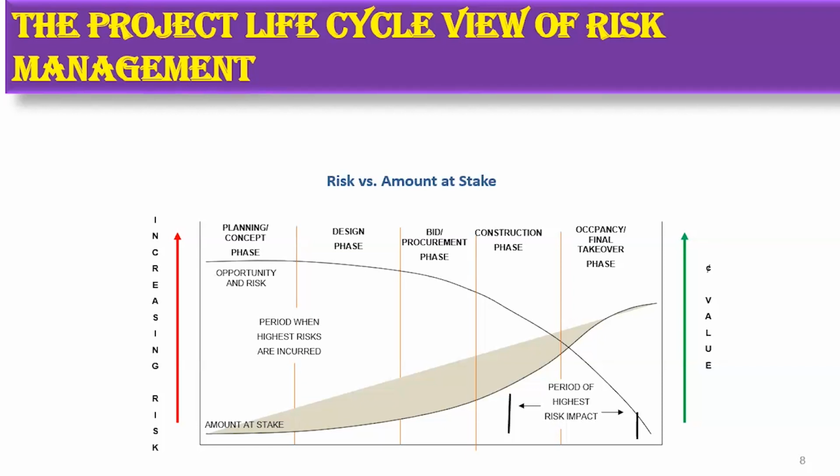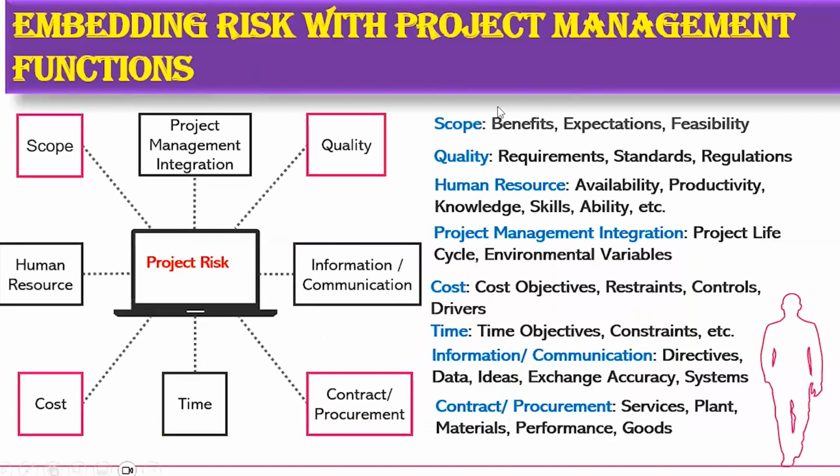Now, if you look at the life cycle perspective of projects, it gives us a very strong point to look at the risk at each phase as we identify the project risks and plan them. There is also the need for us to integrate project risk management with the core concept of management.